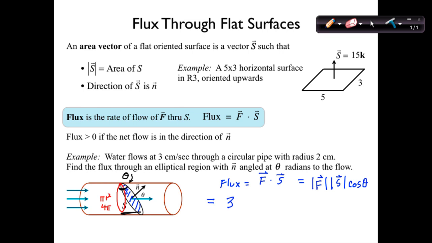Did I lose you? Go ahead and ask. I was asking if it was pi r squared or 2 pi r, but I didn't really clarify that. It's just area, right? Area is pi r squared. So we're going to do a right triangle of areas, this vertical and this slanted, and so pi r squared is 4 pi.